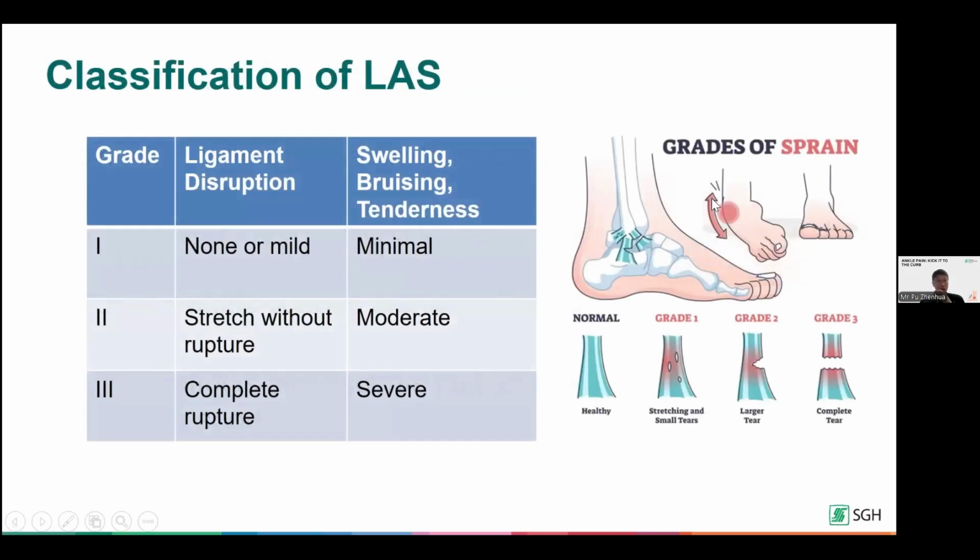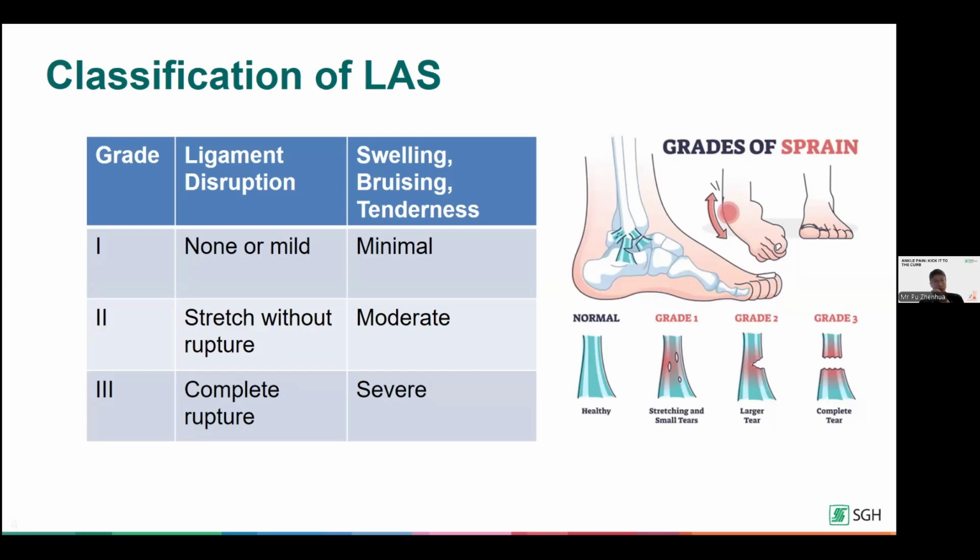And just now, Dr. Do also mentioned a little bit about the extent of the ligament injury. So we can classify this lateral ankle sprain according to the extent of the injury to the ligament. For grade 1, you can see the picture on the right side, there is just a little bit of stretch and some small tears. The swelling usually may not be that much, maybe some redness, no bruising, or a little bit painful to press on it.